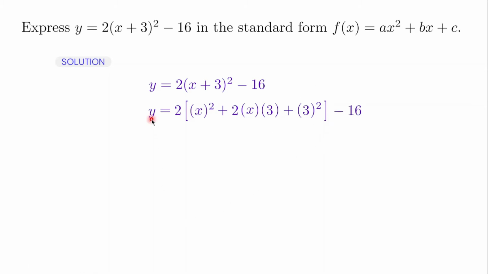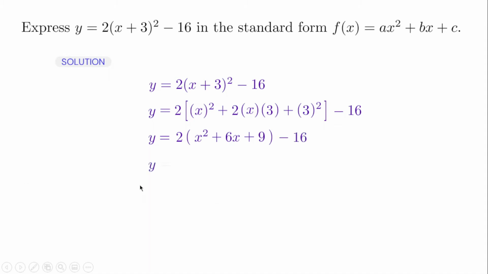So we have y equals 2 times, replace the brackets with parentheses because we're now going to simplify the terms inside the brackets. So x squared plus 2 times x times 3, so that's plus 6x plus 3 squared is 9. And then copy negative 16.